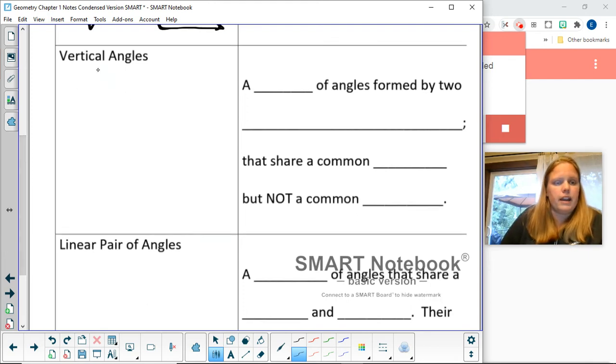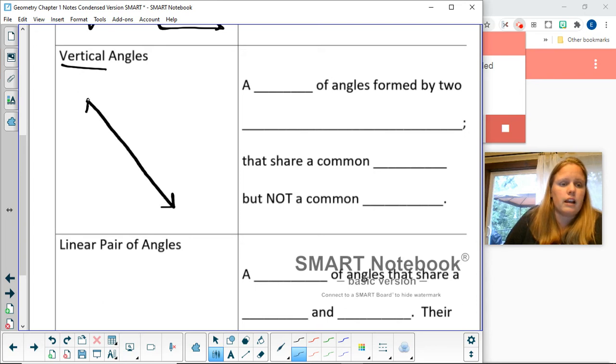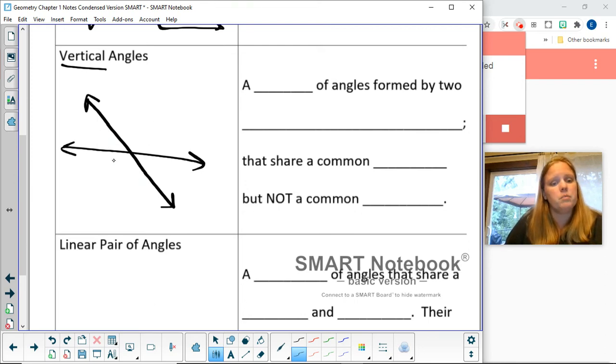All right, vertical angles. It's deceiving to have the word vertical because you think of up and down when you see vertical, but this is actually just another definition of this word. So when you have vertical angles, you actually have intersecting lines. I purposely did not make a right angle here because it does not have to be a right angle.